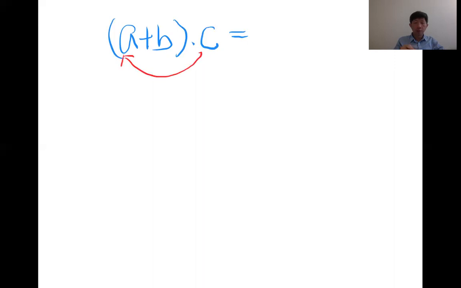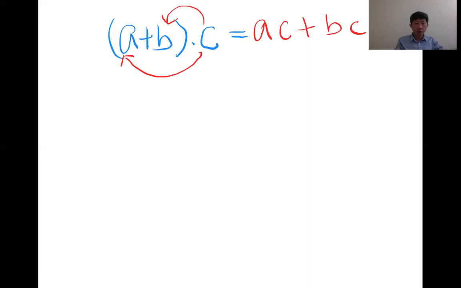Now, what about another problem like this? Let's say I have a plus b times c. Again, when I apply the distributive property, this is equal to AC plus BC. Let me give you another example.